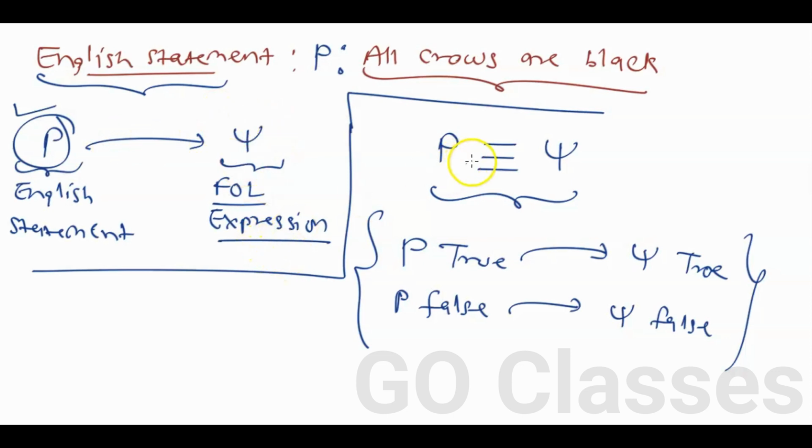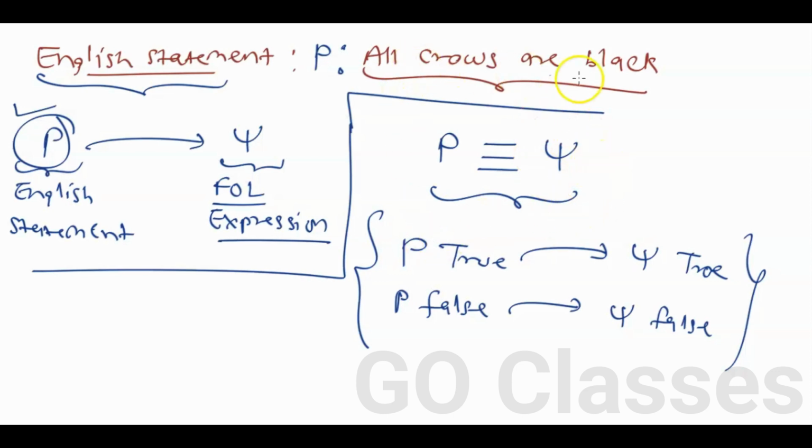So this is the meaning of conversion of an English statement to a first order logic expression. Very simple, remember. If you have the statement "all crows are black", this is an English statement, and we want to write down the corresponding first order logic expression. Whenever all crows are black, the mathematical expression that we write should also be true.